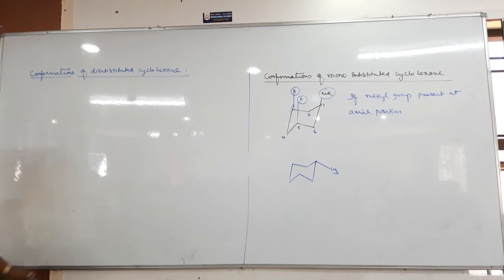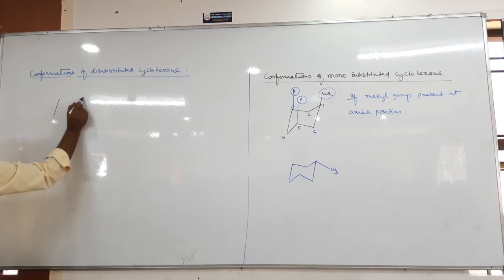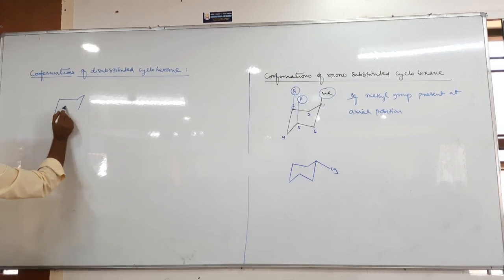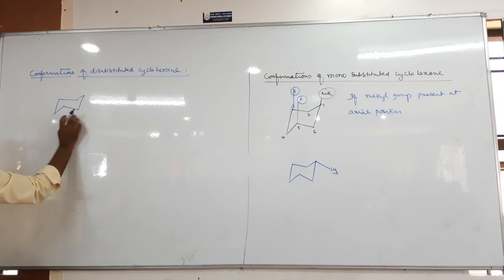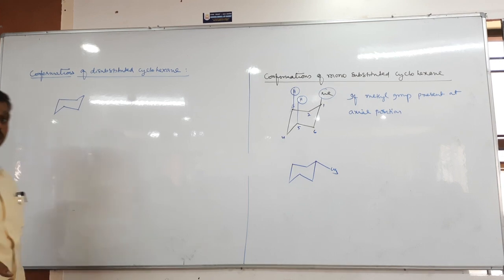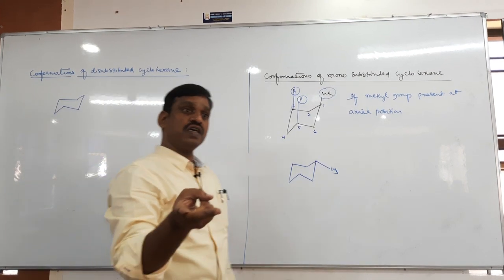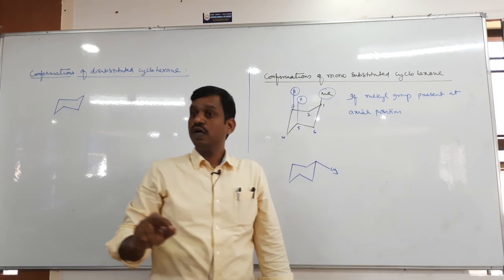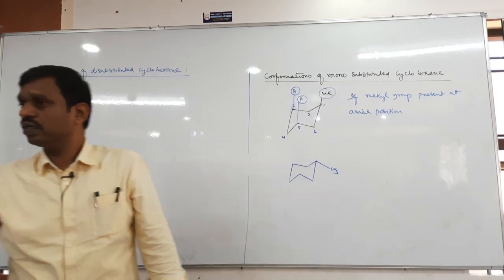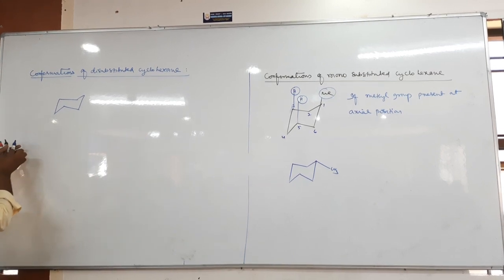Tell me, now let us take the cyclohexane chair conformation. In disubstitution, it may be like 1,1. That means two substituents may be present on the same carbon, or two substituents may be present on different carbons. Let's say case 1, if two substituents are present on the same carbon atom.